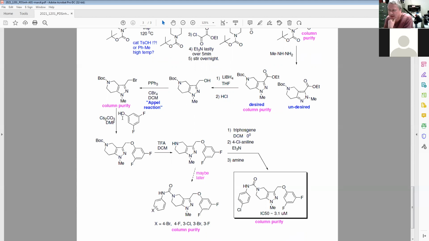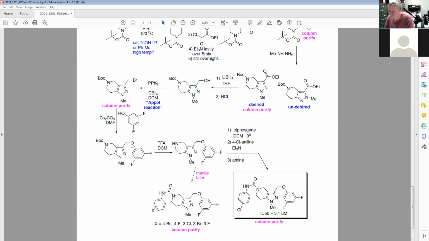Yeah, total SN2, with just a funny base. Cesium carbonate's a really cool base. It's better than potassium carbonate and sodium carbonate for various reasons. So this is a very commonly used base that just works really well. And DMF is an SN2 solvent, right? It's really good at SN2 reactions. Anyway, so that builds the ether.